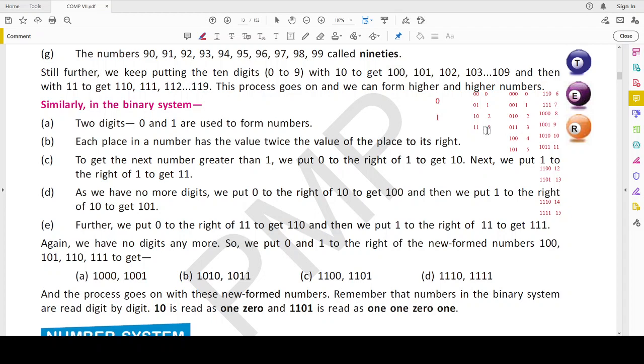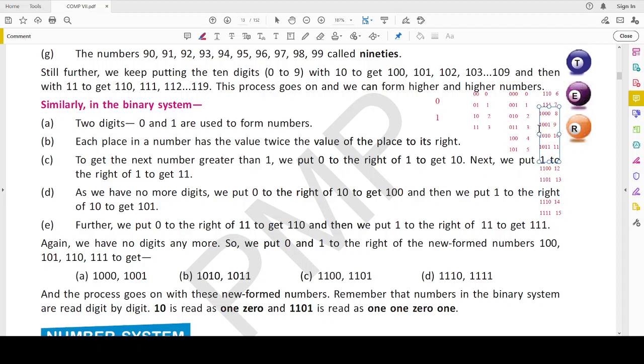So to keep a provision of representing a bigger number, you represent that 1 by a bigger number of bits, that is 0001 is equal to 1. Similarly, if you represent it with 4 bits, it is 0001.